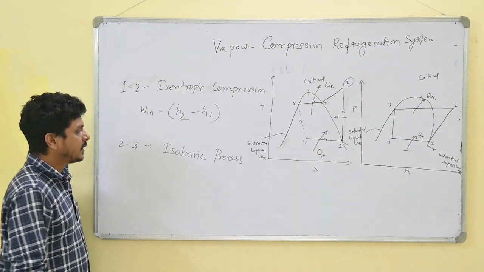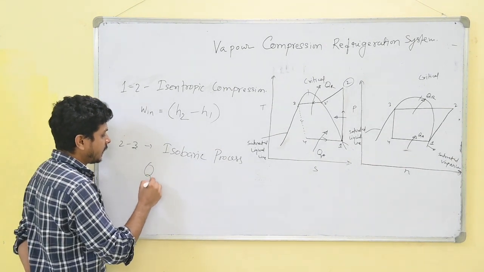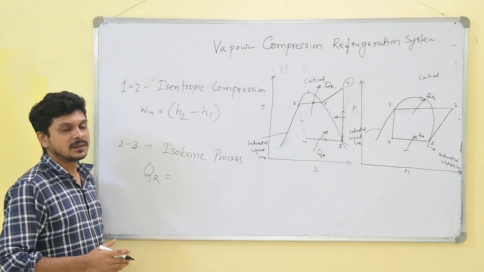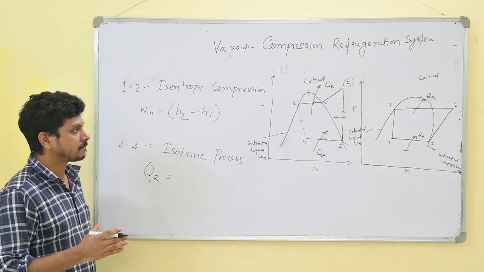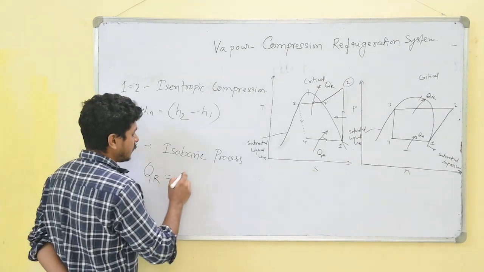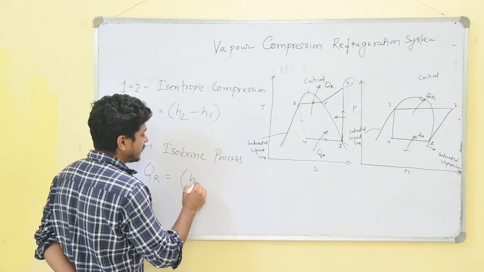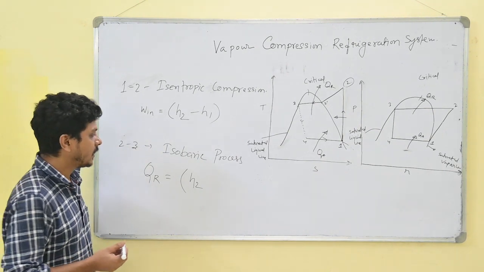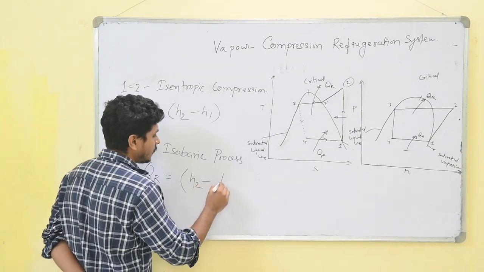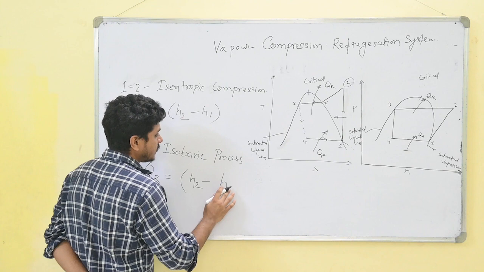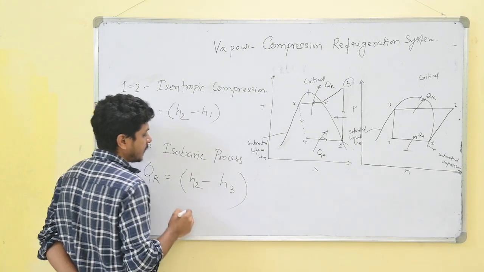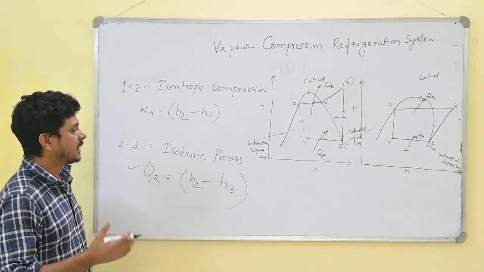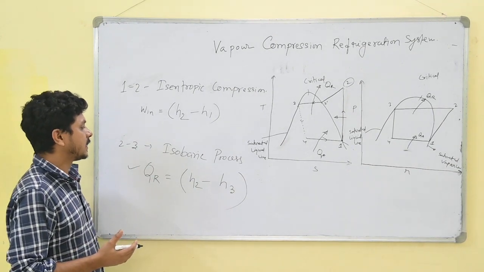The rejected heat we calculate from this formula: the inlet enthalpy of the refrigerant when it enters the condenser, minus the outlet enthalpy of the refrigerant. This is the heat rejected by the condenser.